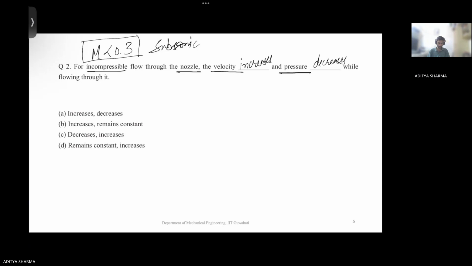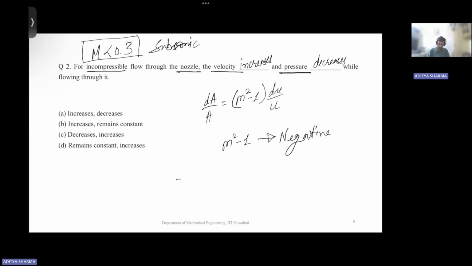So this is the formula: M square minus 1 times du by u equals dA by A. M square minus 1 will be negative here. For your nozzle, dA will be negative.